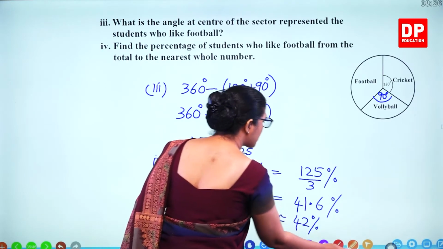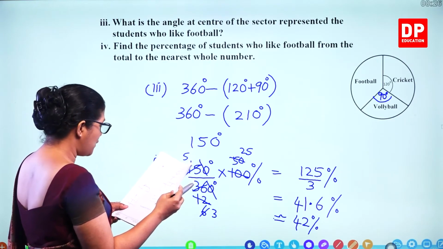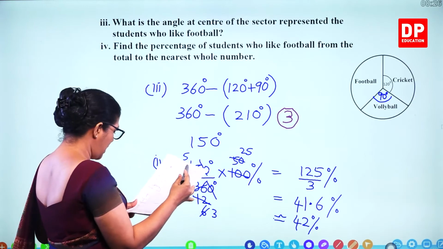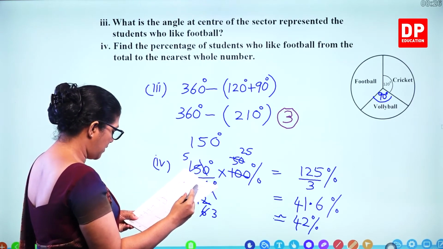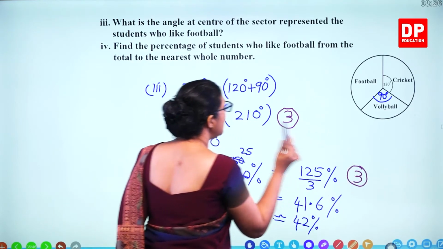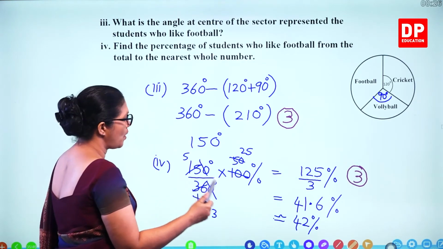So how many marks? According to the marking scheme, 150, you get 3 marks for this step, and 42%, 3 marks. So earlier we gave 4, 4 and 6, 10 marks for the question.